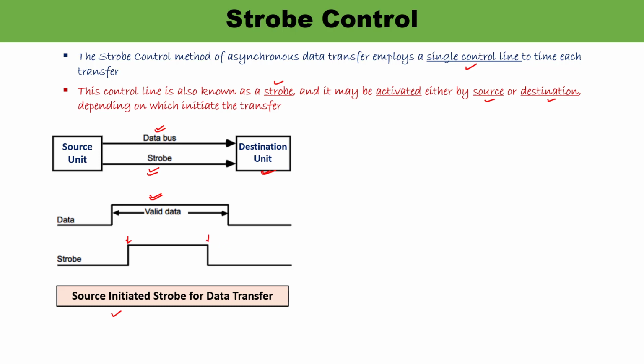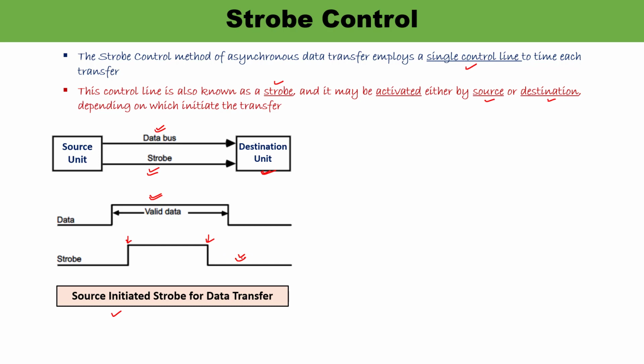You can see this is the falling edge of the strobe signal. The destination unit uses the falling edge of this strobe control to transfer the contents available on the data bus into its internal registers. Then the source removes the data from the data buses, and when it does, it disables the strobe signal.